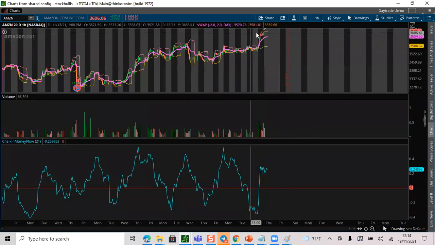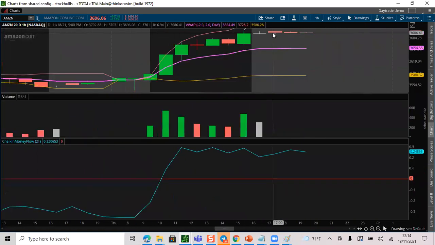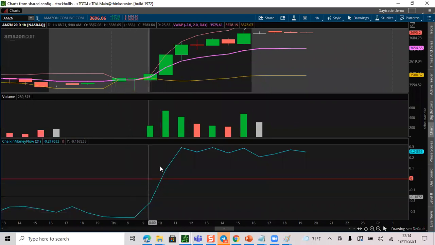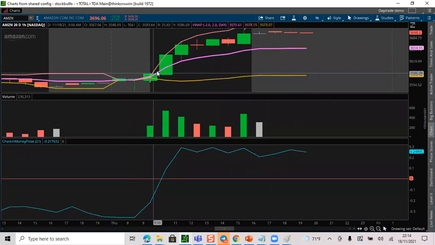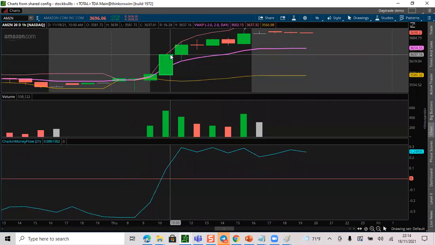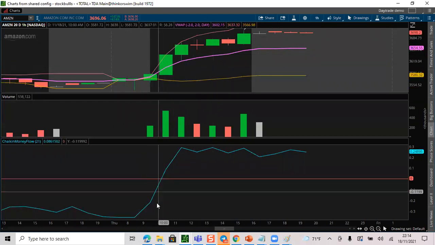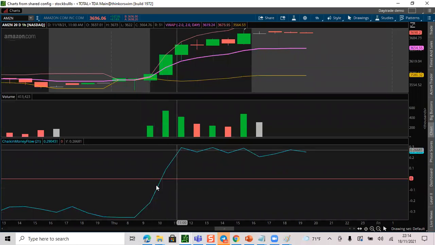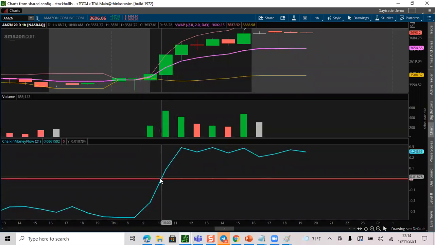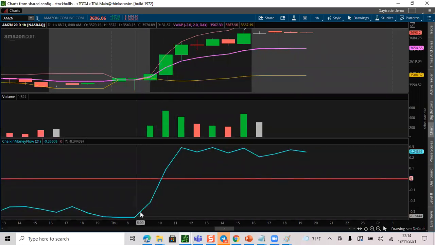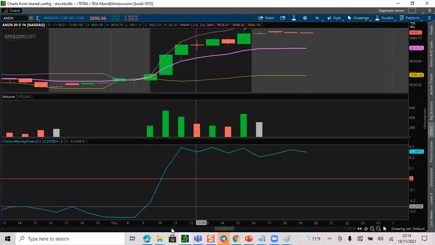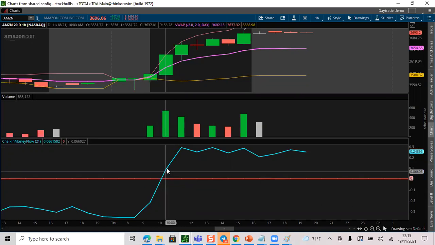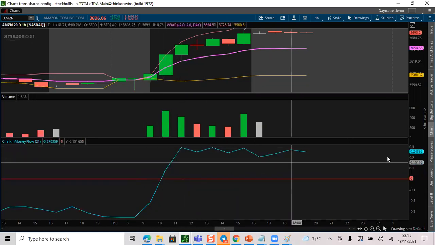Yeah, I think this would be better. Yeah, I think this is much better. On an hourly, you can see that the stock had a nice, here itself we can see the trend is changing from bearish to bullish, right here. 0.3 and above 0, it's changing, it's bullish.